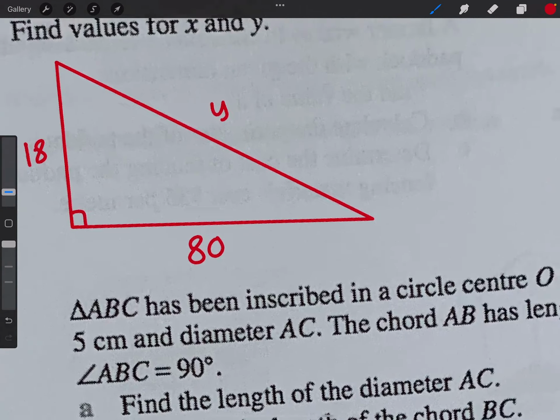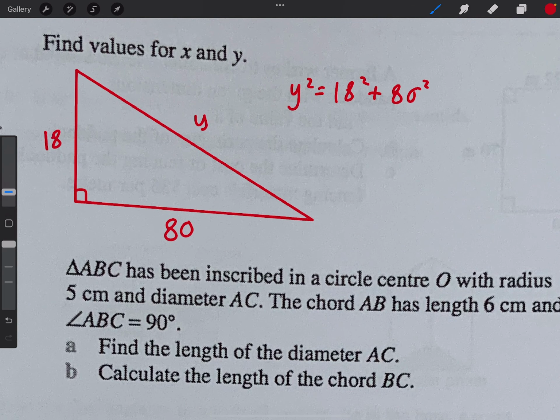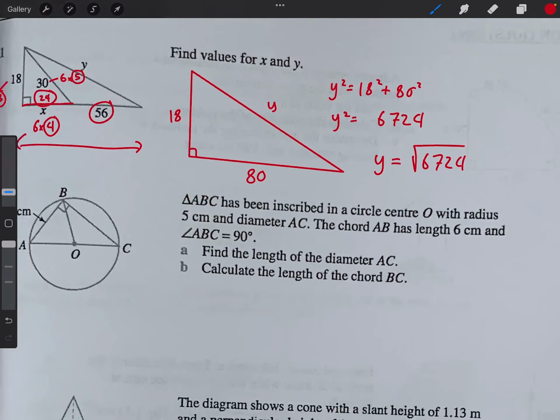I'm going to say y squared is equal to 18 squared plus 80 squared. So y squared is equal to 6,724. So y is equal to the square root of 6,724, and you work it out.